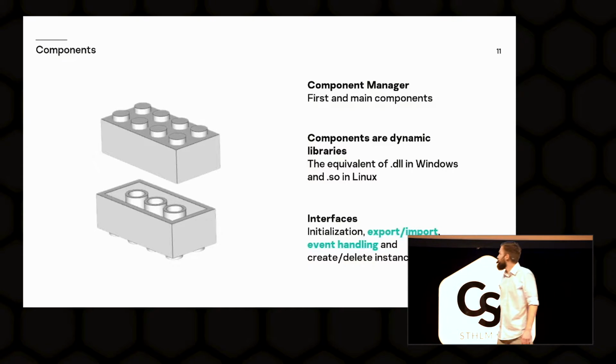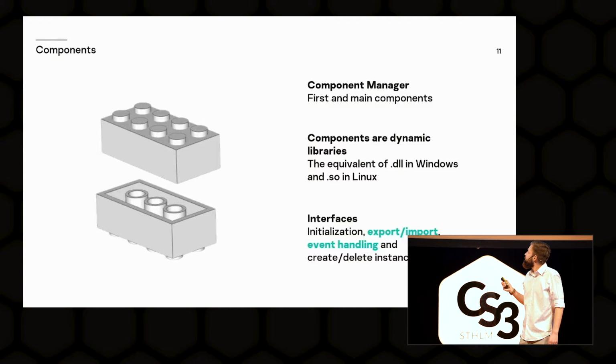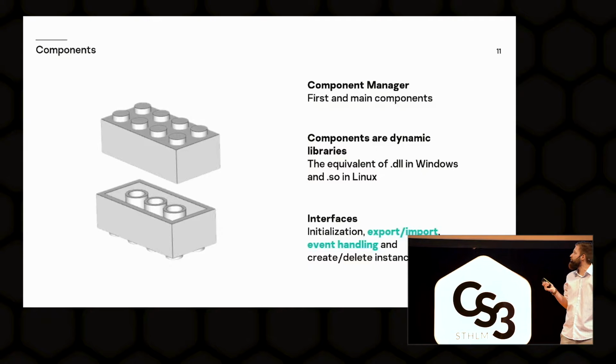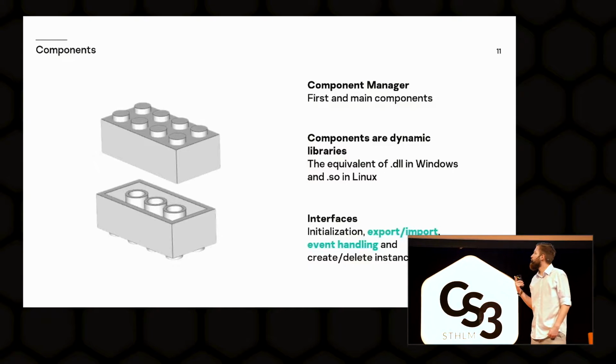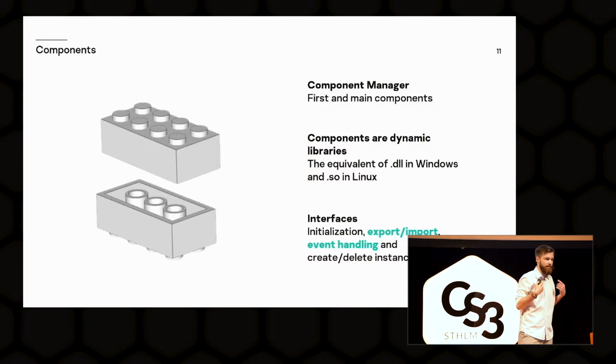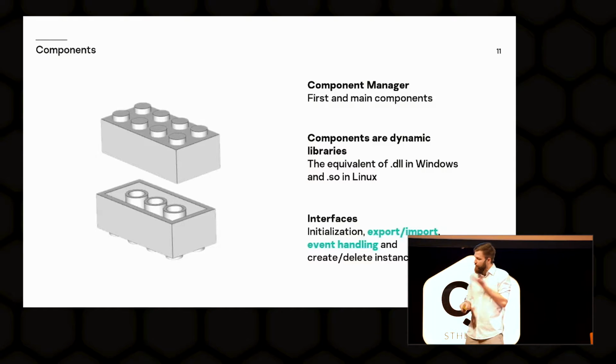So again, an analogy. Here is a brick of Lego. These cylindrical things are called studs. The stud attaches to the tube, the element at the bottom of the piece. So we can say that the stud is the element of export, and the tube is the element of import. They are put together one by one and build the building.